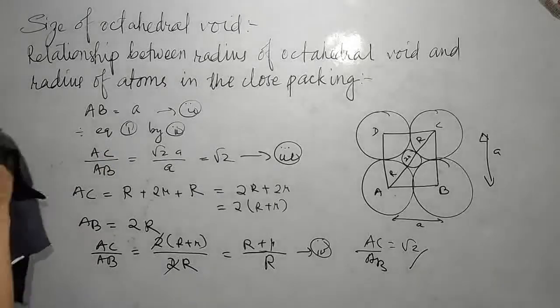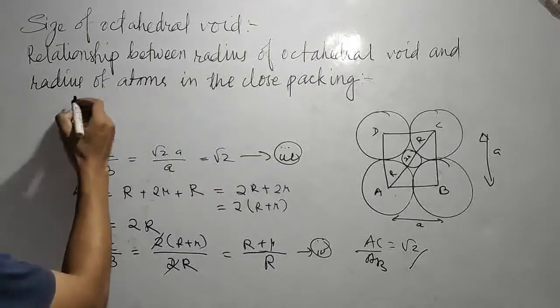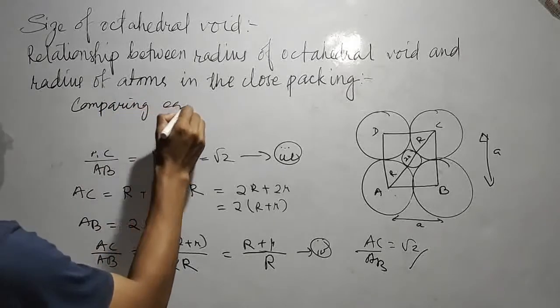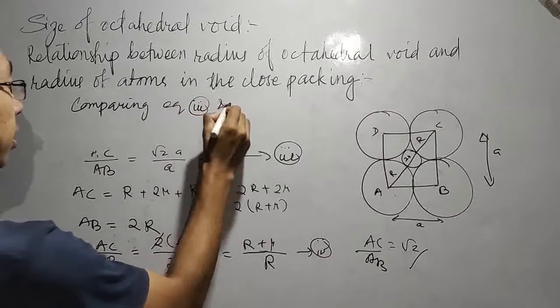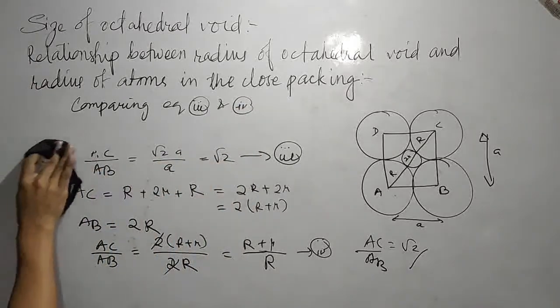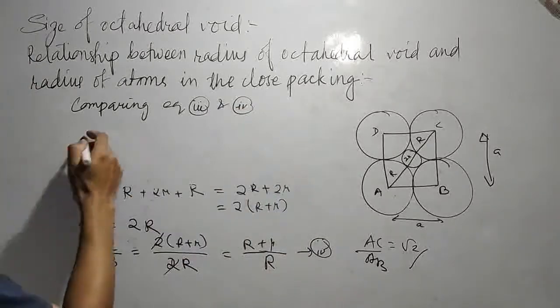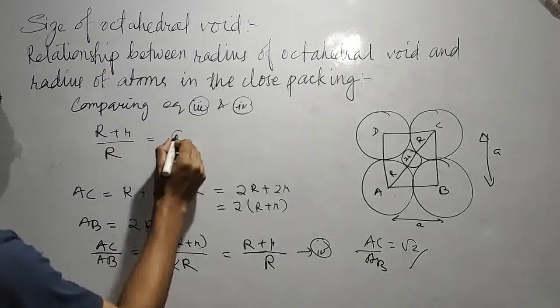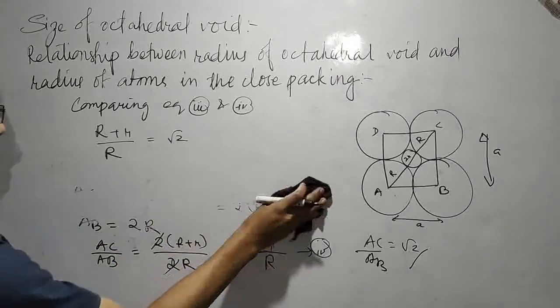So we get (R plus r) by R equals root 2, isn't it?